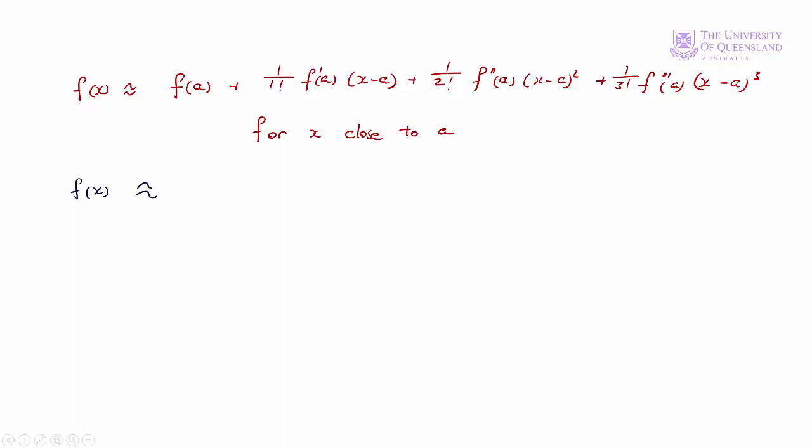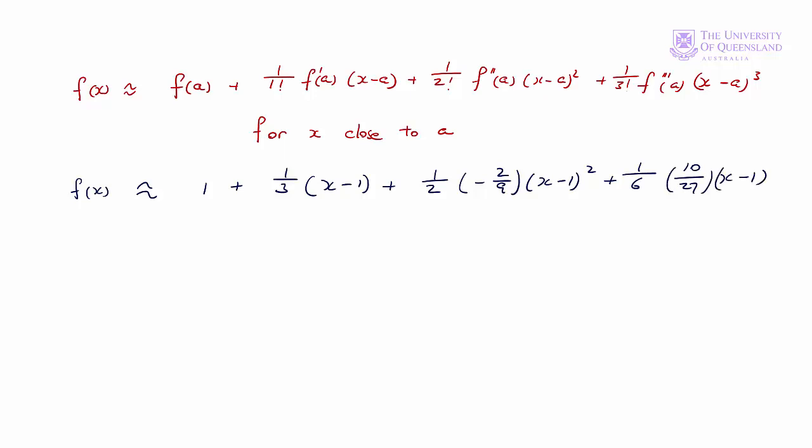So our function is approximately equal to f of a, which we found to be 1, plus 1 on 1 factorial, which is just 1, times f prime a, which was 1/3, times x minus 1, plus 1 on 2 factorial, so that's 1 on 2, times the second derivative, which was minus 2 on 9, times x minus 1 squared, plus 1 on 3 factorial, so that's 1 on 3 by 2 by 1, so that's 1 on 6, times the third derivative, 10 on 27, times x minus 1, all cubed.